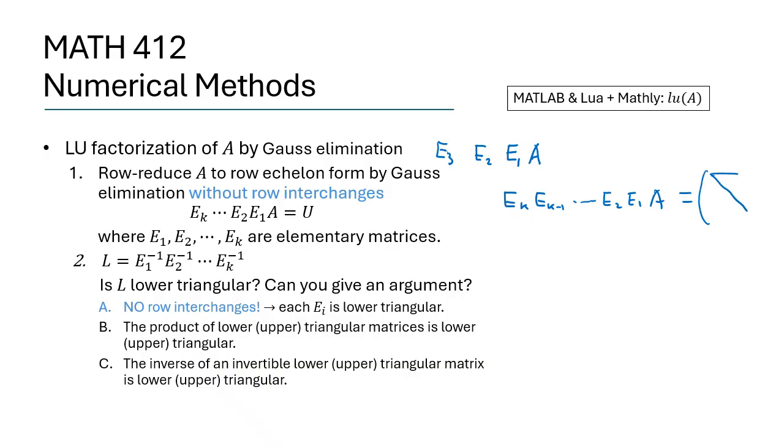Given that this is U, we want LU factorization. We say, hey, this is our U. Now, what's L? The problem is, what's L? Okay, you say, oh, we should know that each elementary matrix is invertible.